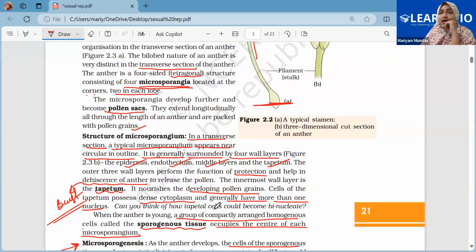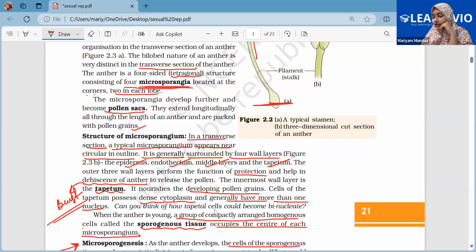Now the microsporangia develop further and become the pollen sac. This microsporangia that were present two in each of the lobes will now become the pollen sac. And inside the pollen sac, the pollen grains will be formed. And just like in human males, what is the male gamete?